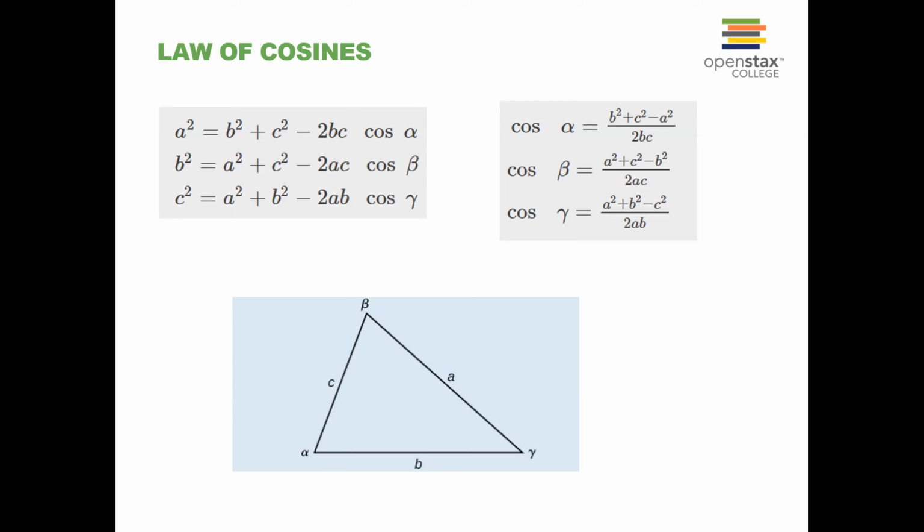We have two more formulas that are symmetric. Once you know one, you know them all. And on the right hand side, we have these same formulas, only solved for the cosine function, but otherwise they are the same, so you don't have to memorize them separately.